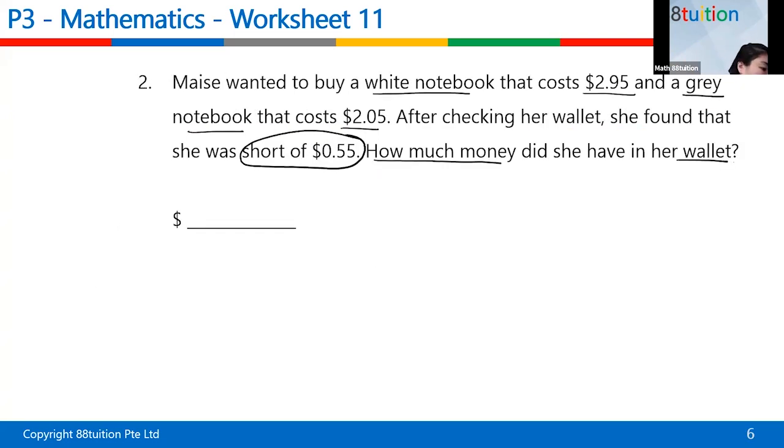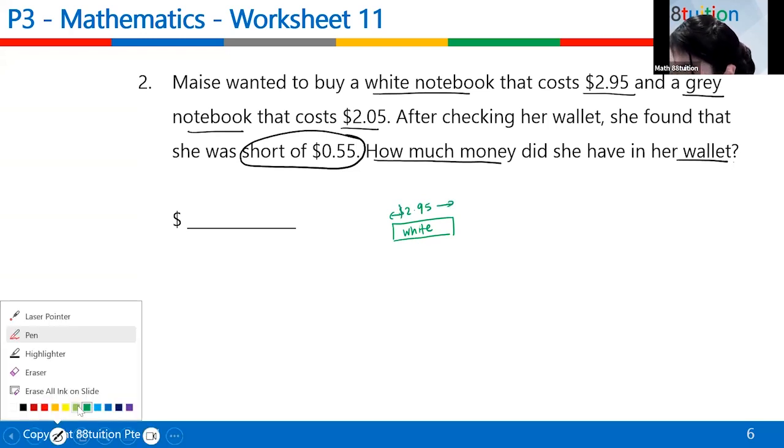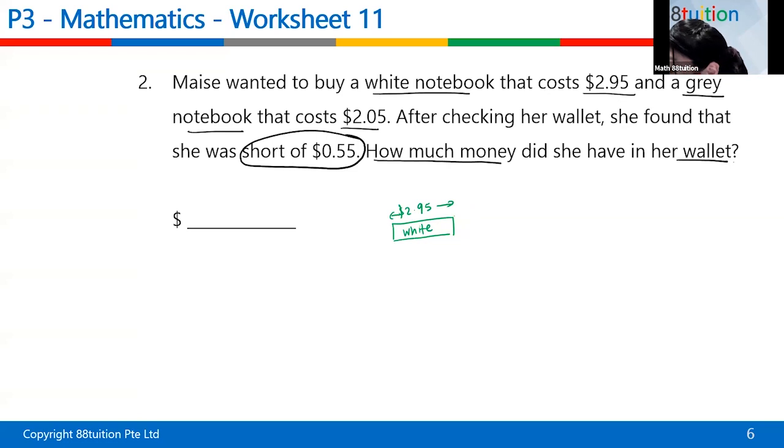First and foremost, same thing. I'm going to draw the notebooks. Agree? I'm going to draw the model for the bar for the white. And I'm going to draw the bar for the gray.